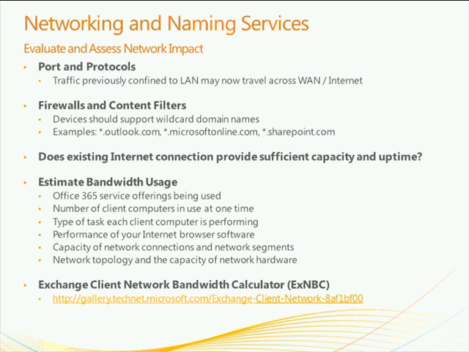Another important thing to point out is that Office 365 uses FQDN DNS domain names for many, if not all, of the services. So when configuring firewalls and content filters, you might check now to see if they support wildcard certificates or URLs in their configuration.